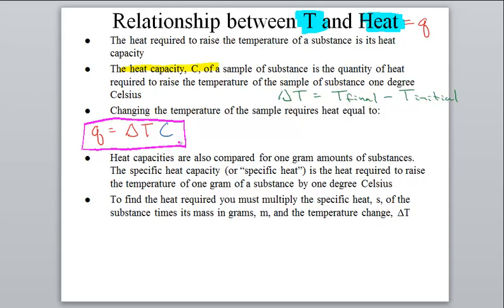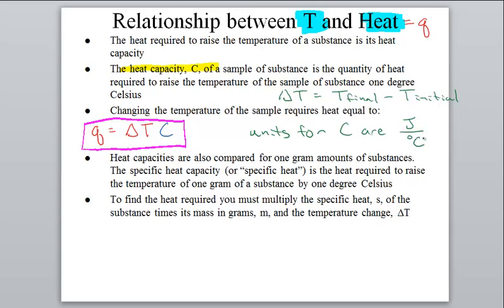So if we were doing a study in our chemistry lab, if we had something that we were using to monitor temperature changes as heat flowed in, we would get this object and determine what this constant is for that specific object. That's heat capacity. The units for this constant are joules per degree Celsius, or joules per temperature change, but the ones we'll use are joules per degrees Celsius.